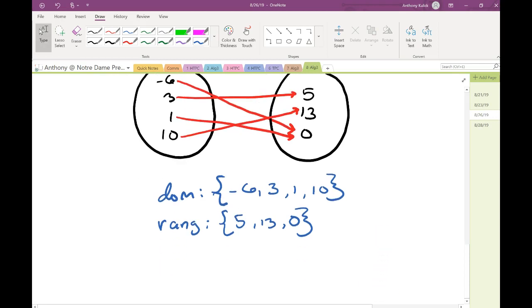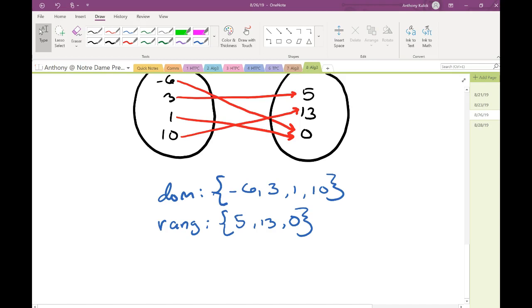I want you to observe, though, how many times was the range value of 0 used? Twice. Note that I did not list it twice when I wrote my range. The reason I did not is that when we defined a set, we said explicitly that it has no repeating elements or members.